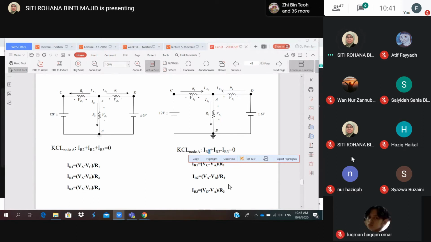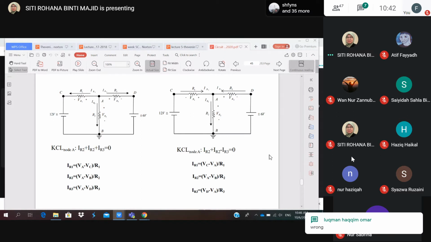Okay, so can you check whether this equation is correct or not? From the diagram, with the label of the diagram, is the current equation correct or not? The negative should be at R2, right?